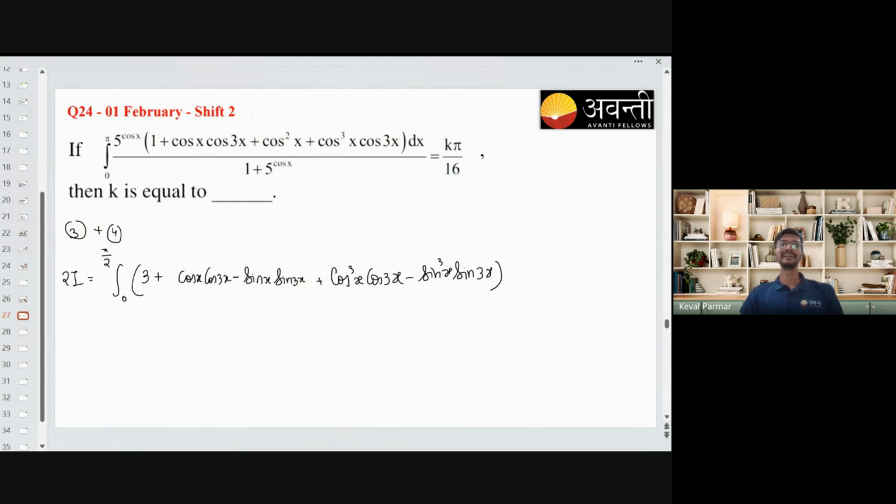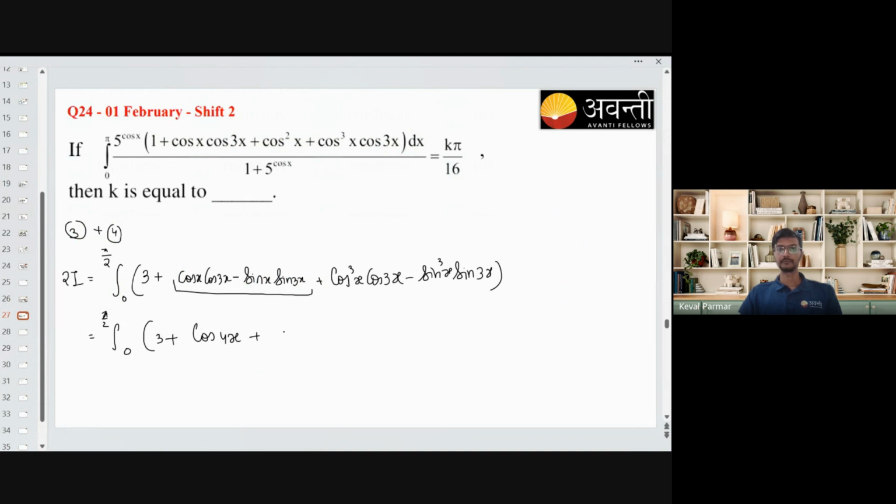Now we are done with using all of the properties. Now it's time to use trigonometric formulas. See here, guys, you can see cos A cos B minus sin A sin B, which is the compound angle formula. So we can write integration 0 to pi by 2 of 3 plus cos A cos B minus sin A sin B, which I can write as cos of A plus B, which is x plus 3x, which is 4x, plus this cos cube.